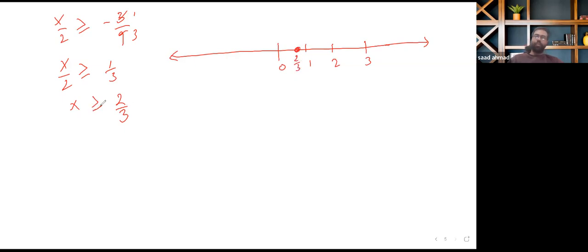And you see there is an equal to sign, so we will draw a solid circle. Then it's greater than, so the greater than numbers are on the right side. So you draw it on the right side, like this. Okay, so this is the solution. That's how we are solving an inequality which is in one variable.